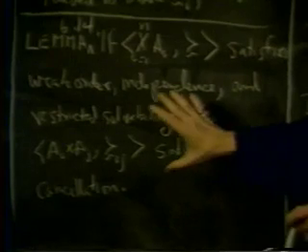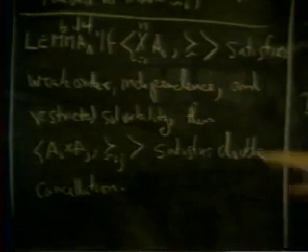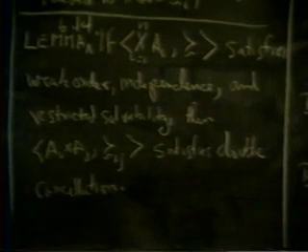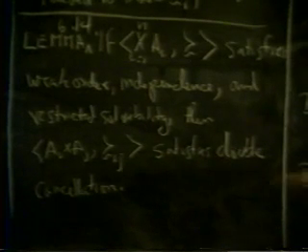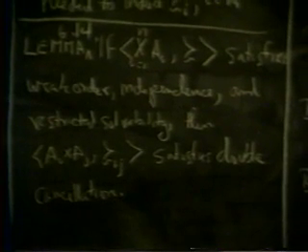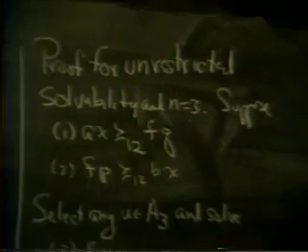Now, the proof given for the case of restricted solvability is rather laborious. In the case of unrestricted solvability, the proof is very simple, and I think I'll go through it. So I'll assume unrestricted solvability, and I'll just assume three components. The thing obviously generalizes.